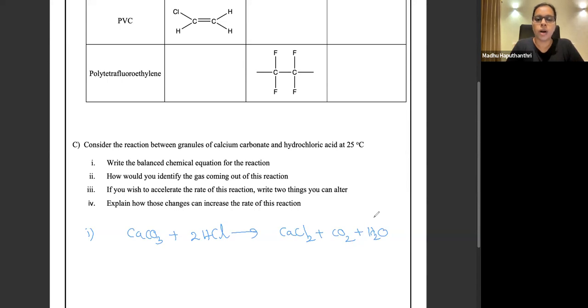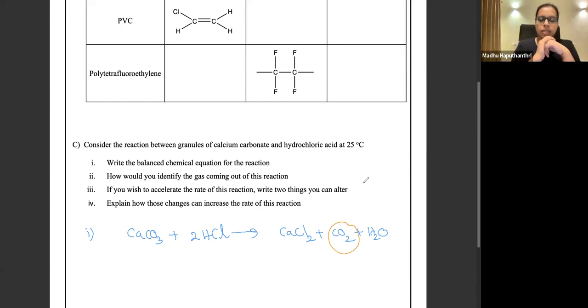Second one, how would you identify the gas coming out of this reaction? So the gas is CO2. The identification test of CO2 is when you bubble CO2 into clear lime water solution. It has to be a clear lime water solution. Upon bubbling of CO2, lime water solution is turning milky.